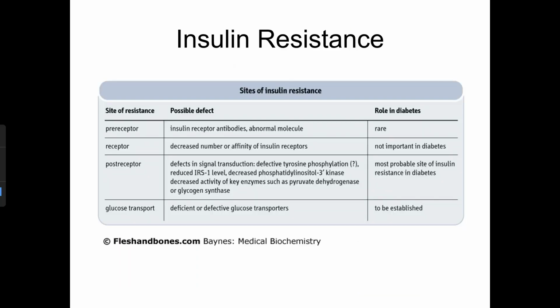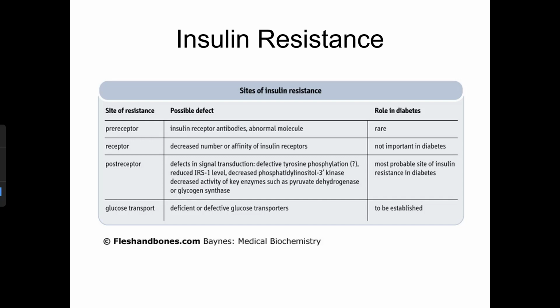So there's different types of insulin resistance. It can happen at the pre-receptor, the insulin receptor antibodies, and an abnormal molecule, but this is rare in diabetes. At the receptor, a decreased number or affinity of the insulin receptors. It's not important in diabetes.